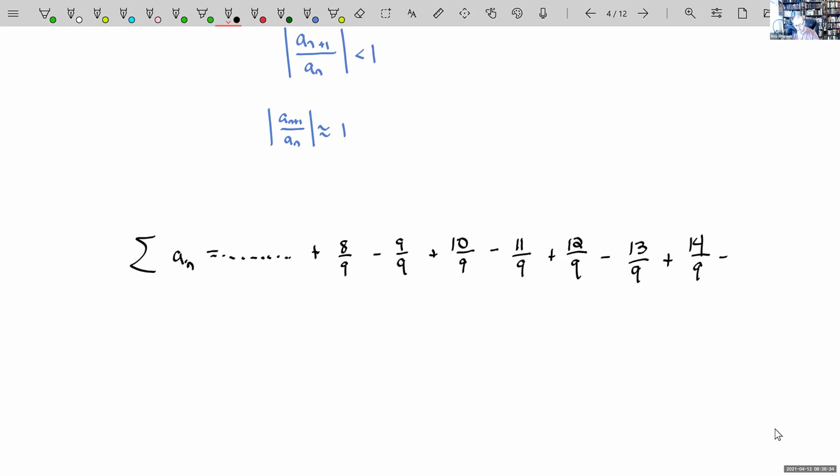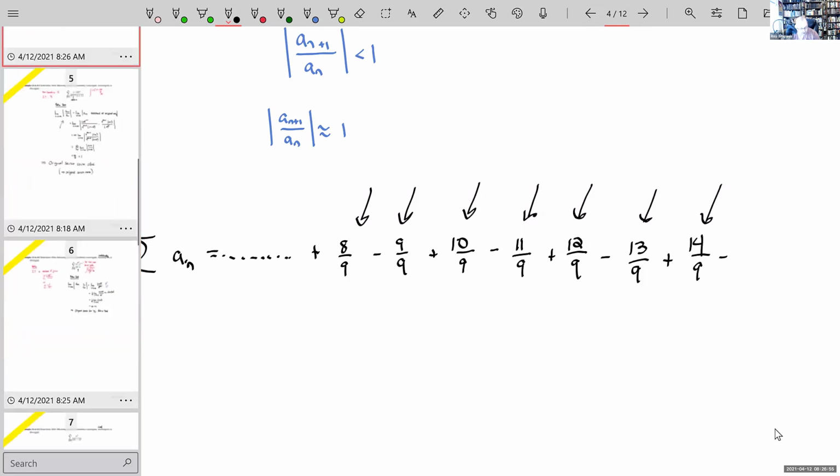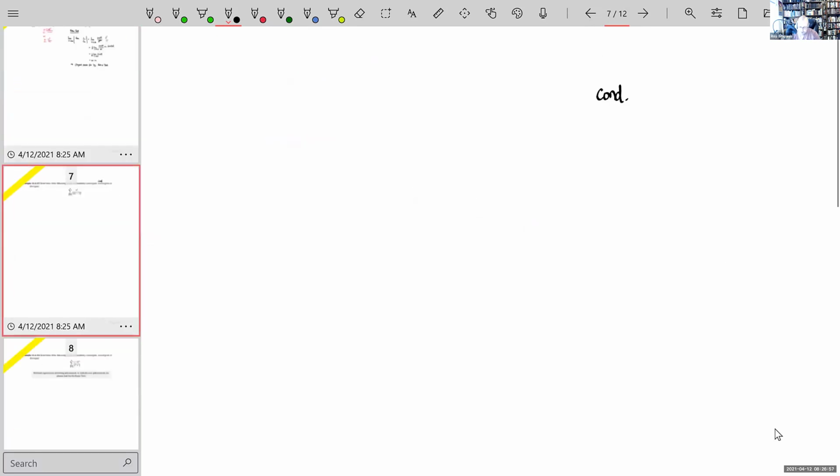Do you see these terms in absolute value are getting larger and larger? Because of that, this sum will wiggle away from 0. It will get larger and larger as time goes on.